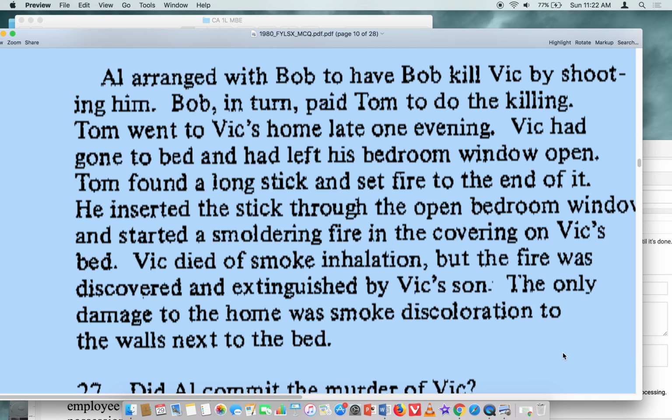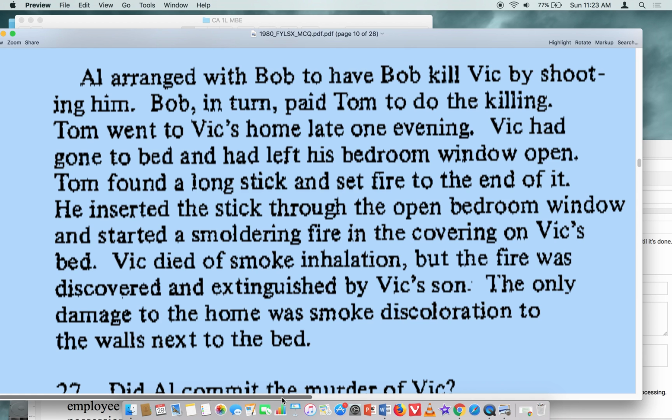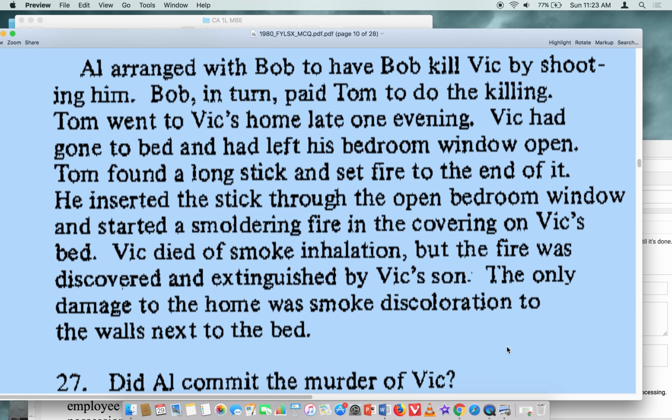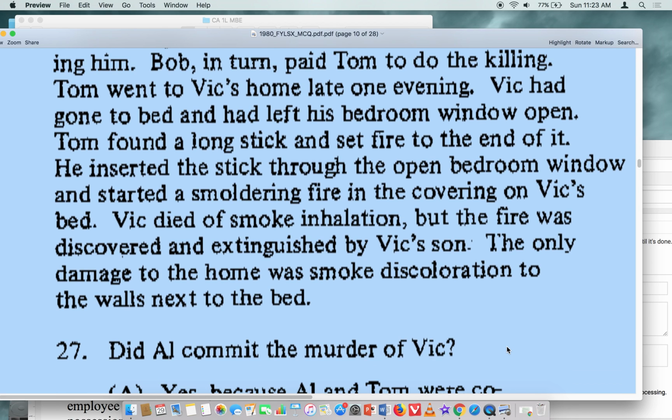He inserted it through an open window and started a smoldering fire in the covering on Vic's bed. Vic died of smoke inhalation, but the fire was discovered and extinguished by Vic's son. The only damage to the home was smoke discoloration to the walls next to the bed.